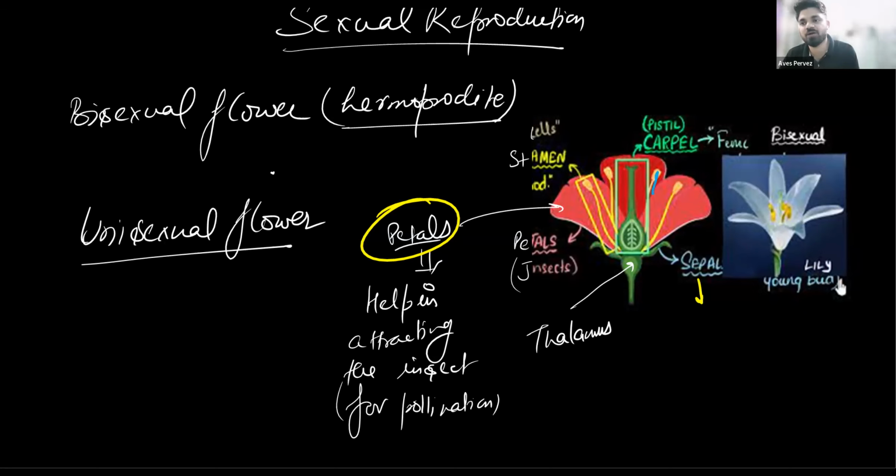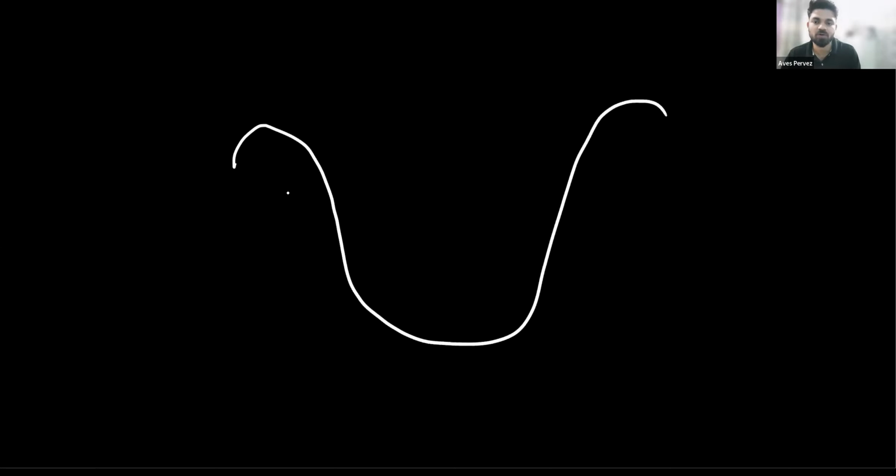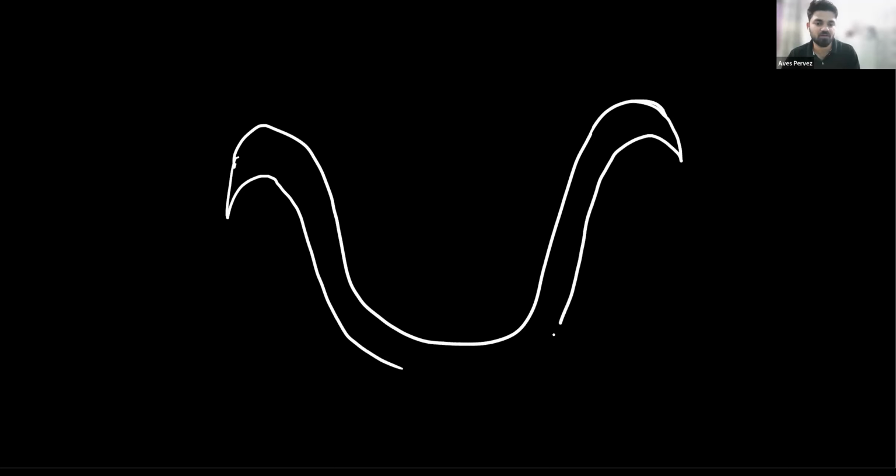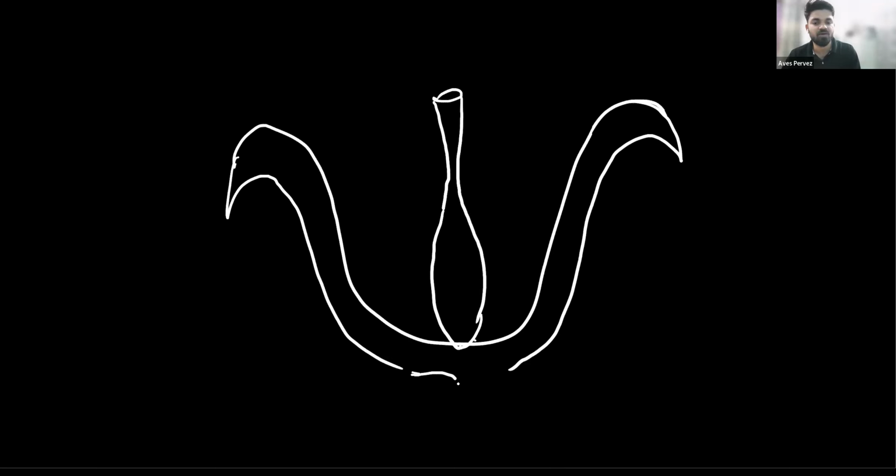But let me explain here. If this is a flower, these are the colorful parts of the flower, and in the middle is the female reproductive organ.